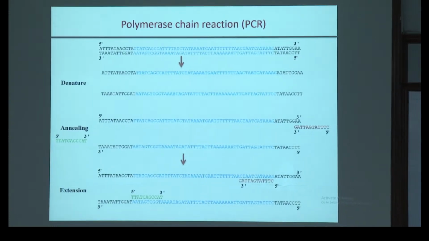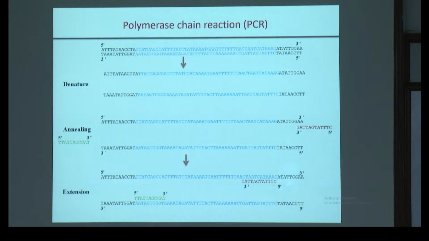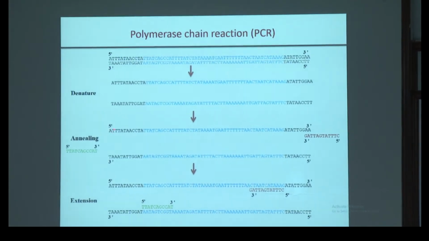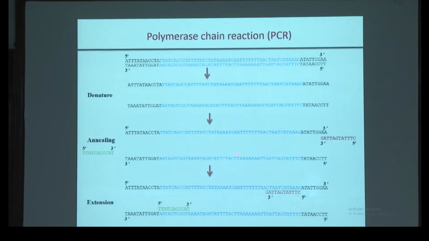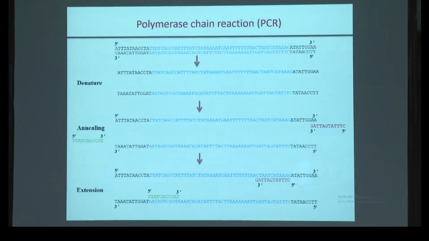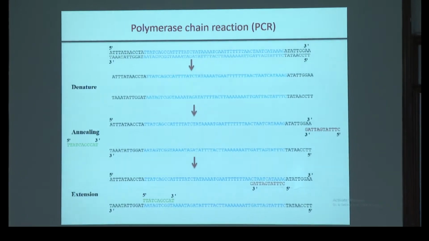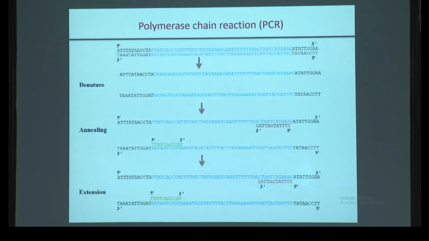Like this one is the leading strand or sense strand. This is the anti-sense strand. Forward primers will bind to sense or anti-sense? Anti-sense, right? So forward will bind to the anti-sense and reverse will bind to the sense.